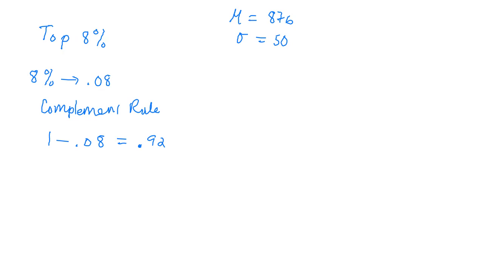Okay. And we don't need the z-score, right? So we always need the top 8%. So we're keeping the z-score. We are going to use the inverse norm, so second vars, inverse norm.